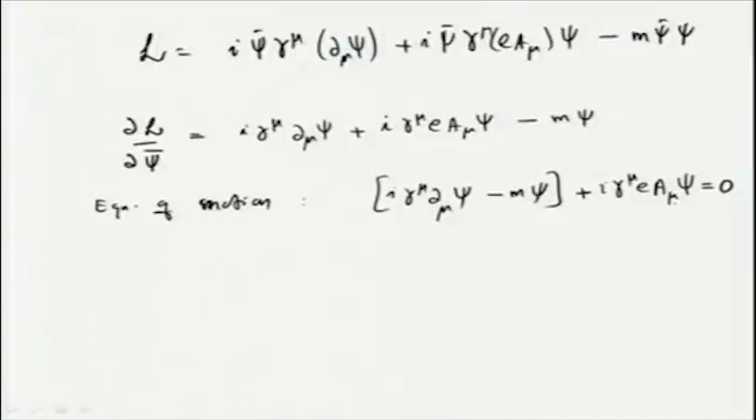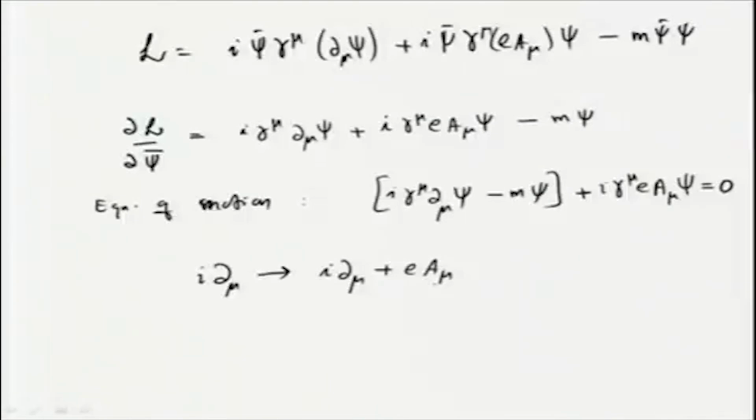We had written this down earlier, where we said that if I change from a free particle to an interacting particle, what I had to do is to change the momentum from i dou mu to i dou mu plus e A mu. This is what I had to do to introduce the electromagnetic interactions.